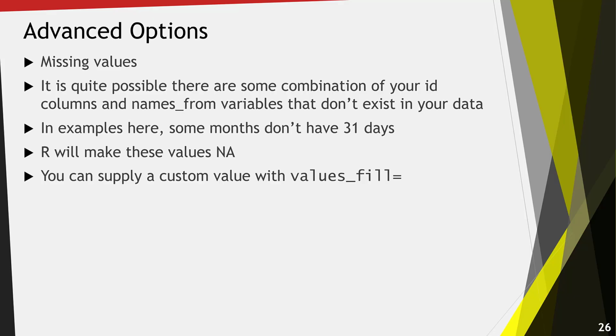In some examples that we'll work on in a minute, we're going to make a column for every day of a month. Some months don't have 31 days. In cases where there's no corresponding value in your source data, R is going to make those values NA in the output table. If that's not the behavior you'd like, you can specify a custom value with the values_fill argument. Just provide the value that you'd like R to use instead of NA.